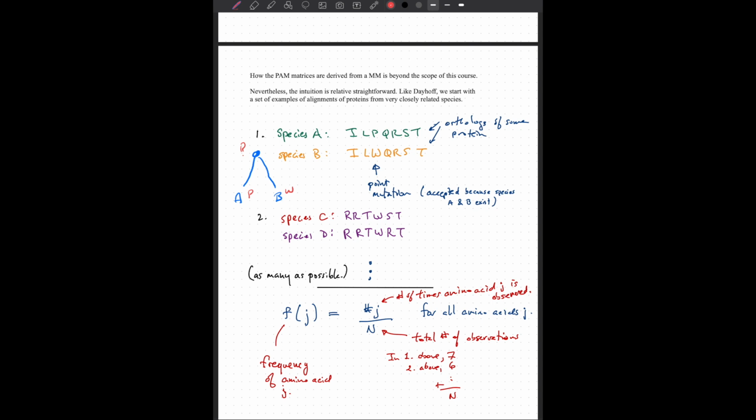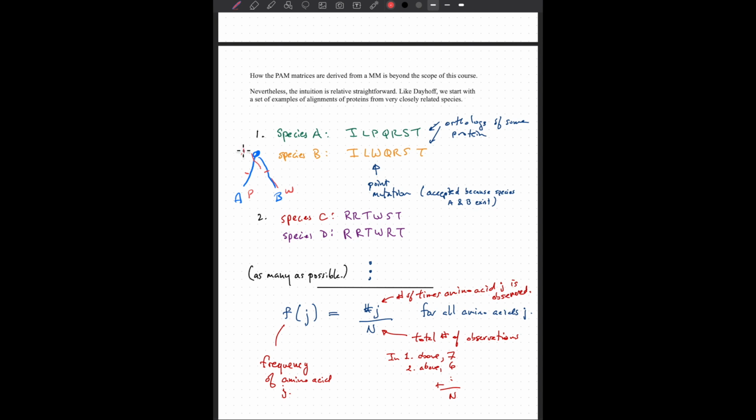Maybe it was a proline, and it stayed a proline the whole way, and it switched somewhere along this branch from proline to tryptophan, or vice versa. Maybe this was a tryptophan, and it switched along this arc to a proline. Or a third possibility is, of course, that it was something entirely else.